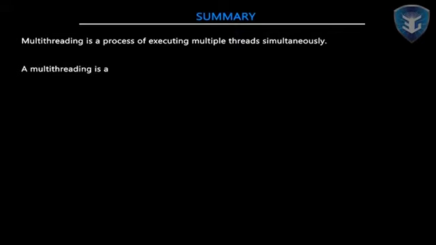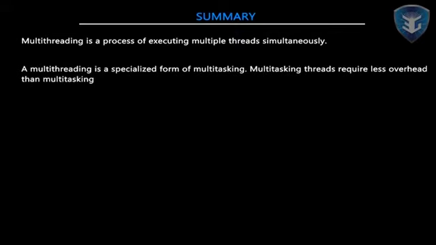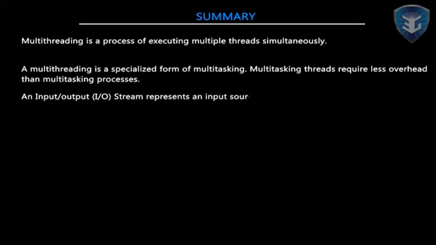Now in the end, let us summarize what we have learned in this lecture. Multithreading is a process of executing multiple threads simultaneously. Multithreading is a specialized form of multitasking. Multitasking threads require less overhead than multitasking processes. An input-output I/O stream represents an input source or an output destination.